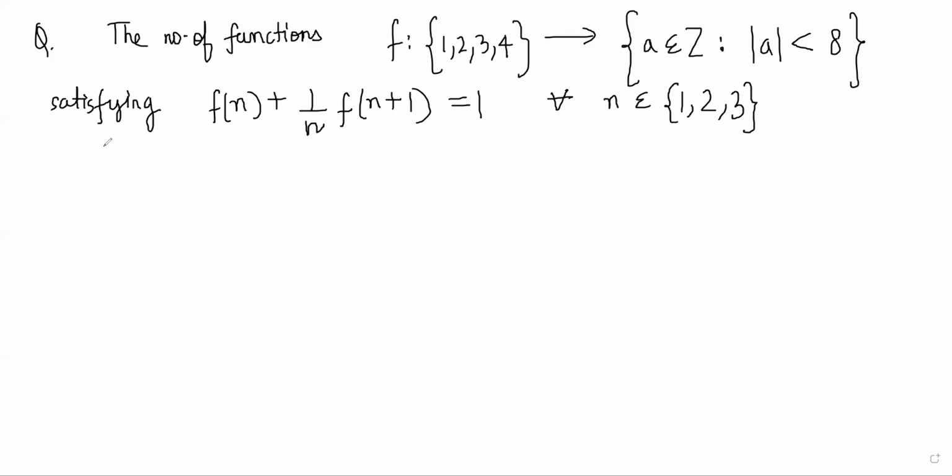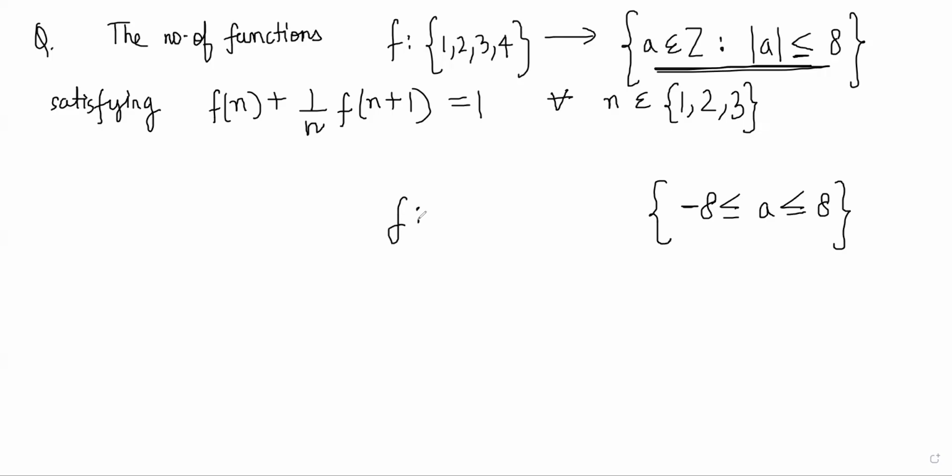First of all, try to understand what this set means. This set here is basically a can be an integer such that |a| is less than 8, right? Yes. It is actually less than or equal to 8. So basically this set will be from −8 to 8, no? Yes, −8 ≤ a ≤ 8.